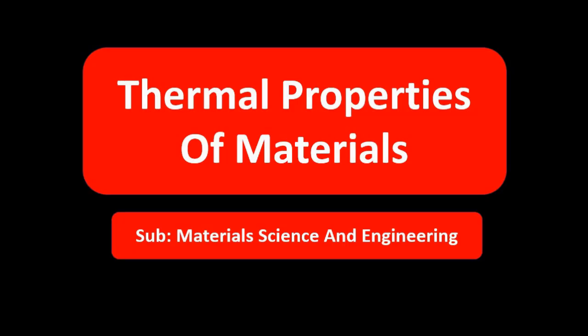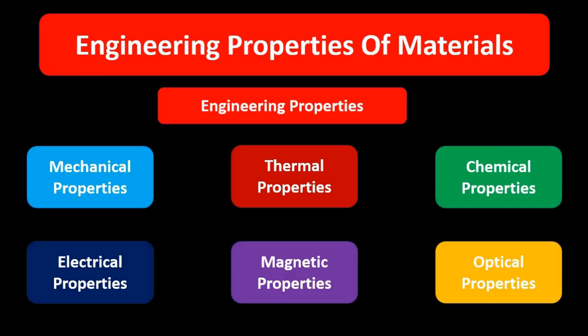Okay, so we know that there are various properties of materials which are considered for engineering applications. There are mechanical properties, thermal properties, chemical properties, electrical properties, magnetic properties and optical properties. We have discussed mostly the mechanical properties.